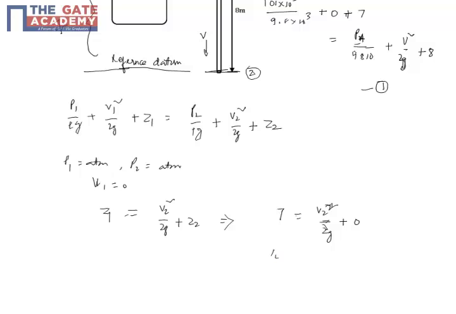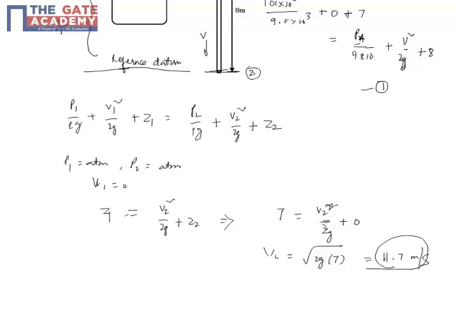So V2 is root 2g Z1, root 2g times 7, and when I calculate I get 11.7 meters per second.